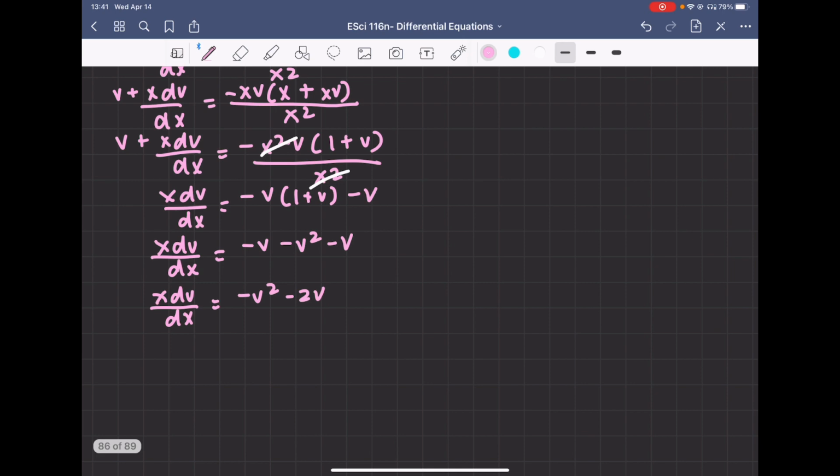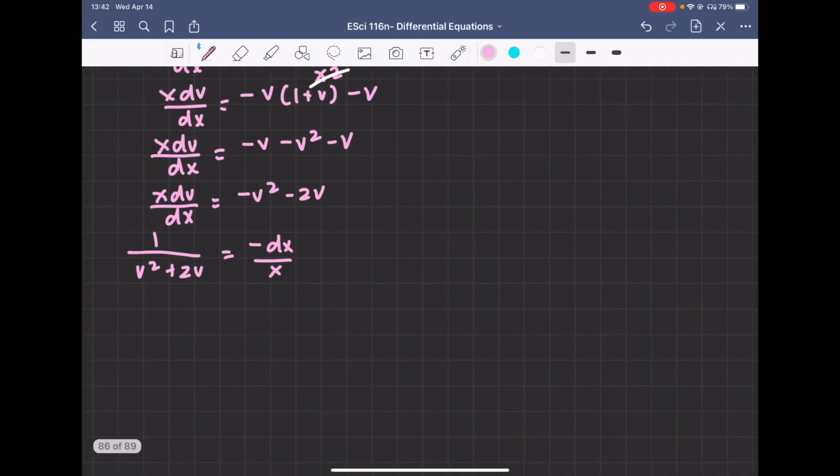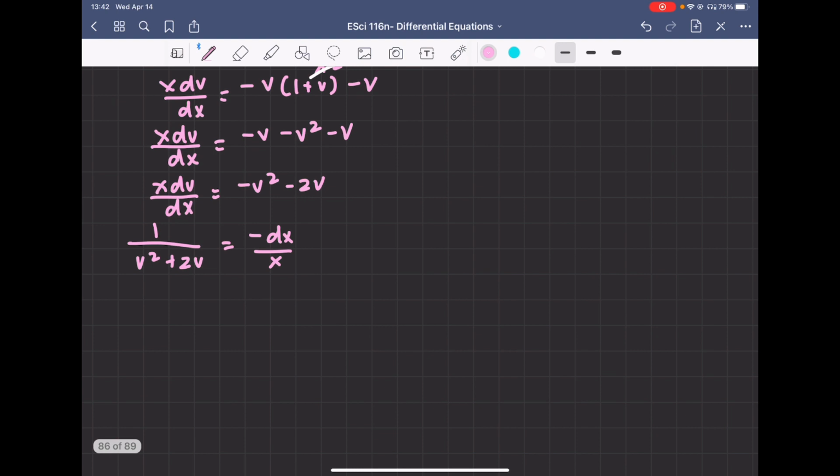Putting all of the v's on the same side and all of the x's on the same side, we have 1 over v squared plus 2v dv equals negative dx over x. Now we cannot use substitution here because we do not have any v in the numerator on the left side.